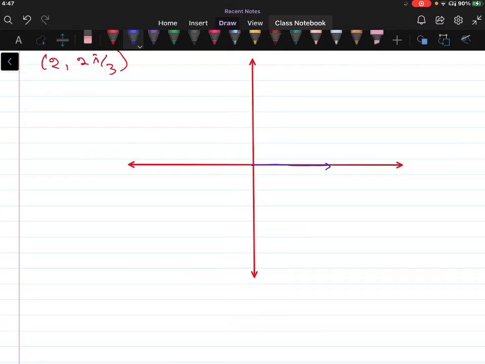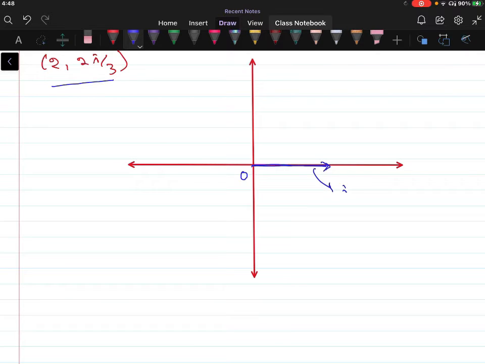So let us plot the point (2, 2 pi by 3). Let us fix the origin O in the coordinate system and draw the initial ray from the pole.